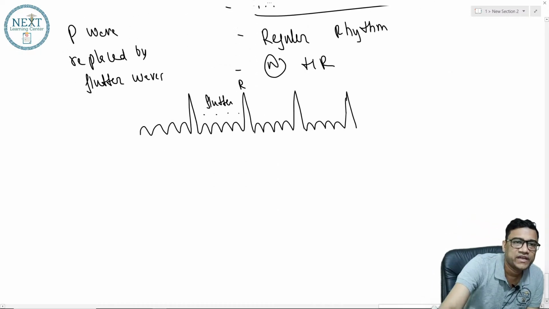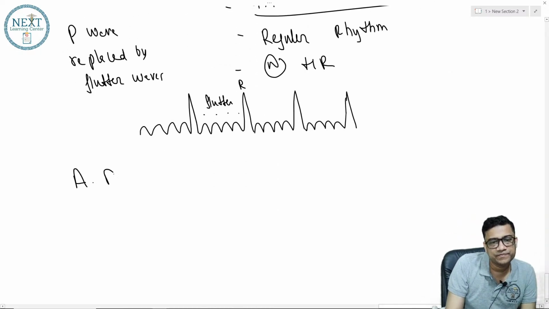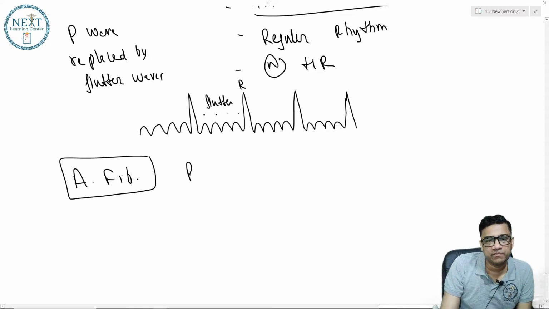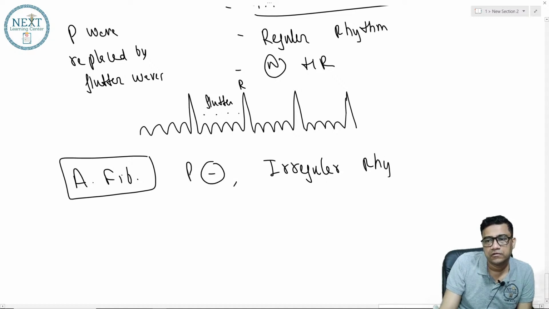Then comes atrial fibrillation. The main feature is again P is absent and there is an irregularly irregular rhythm. The RR is not constant, RR is variable.